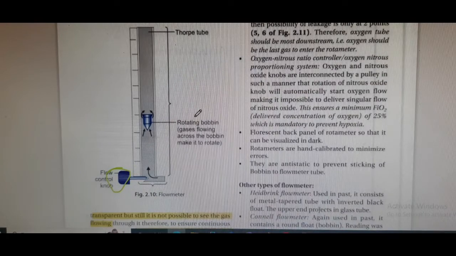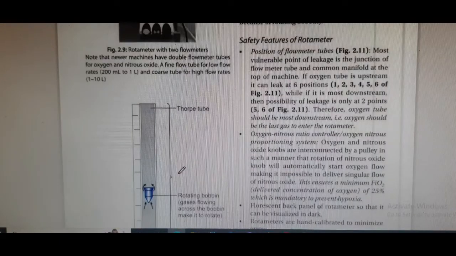That is the function of the rotating bobbin. All together it is called the rotometer: the flow meters, the flow control knobs, and the flow meter tubes. That makes up the rotometer.